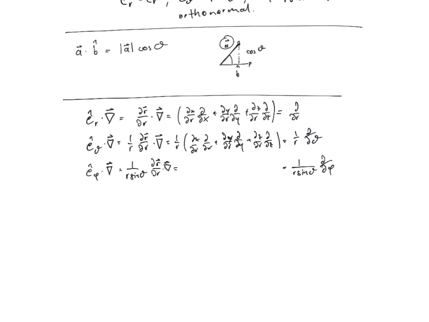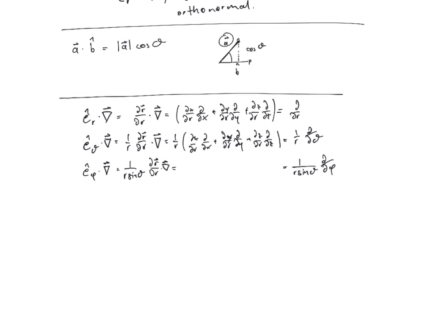So with all this, I can rewrite my new nabla operator in spherical coordinates as nabla being e hat r, d over dr, plus e hat theta, 1 over r, d over d theta, plus e hat phi, 1 over r sine theta, d over d phi.